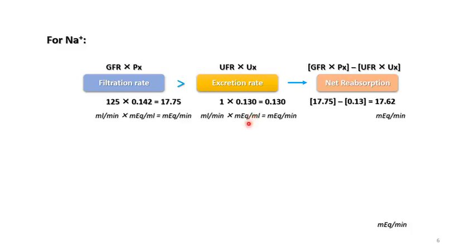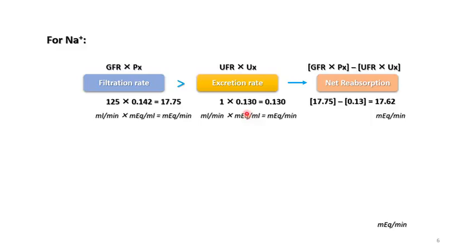Normally they are expressed in milliequivalent per liter, but because we want to find a final unit, both urine flow rate and urine concentration should be expressed in milliliter.